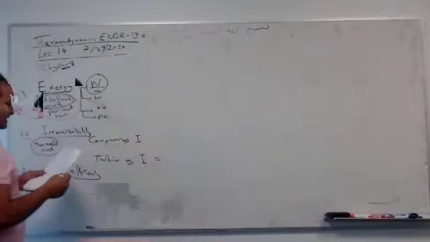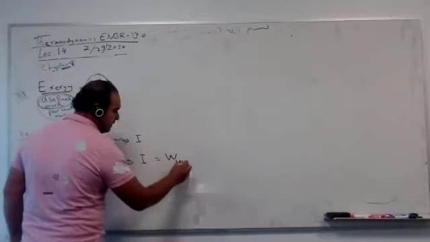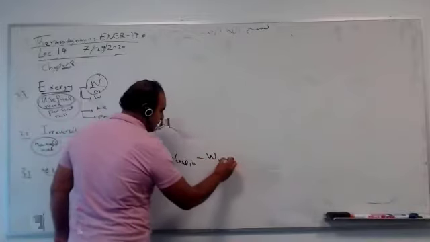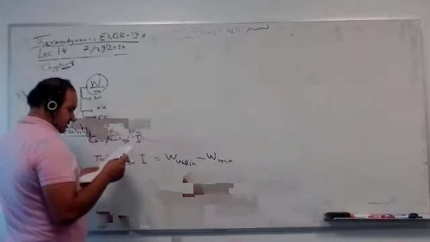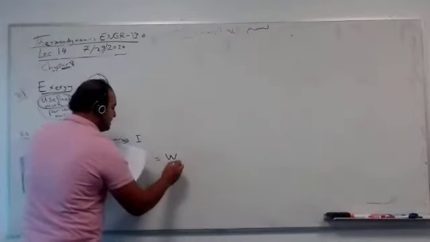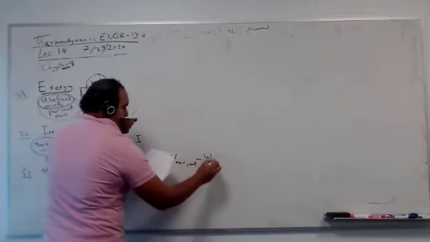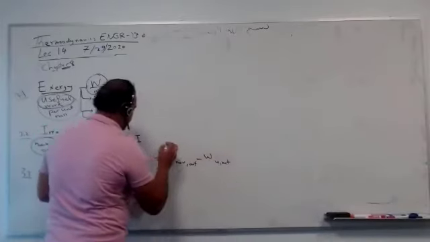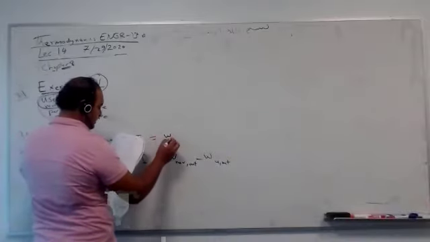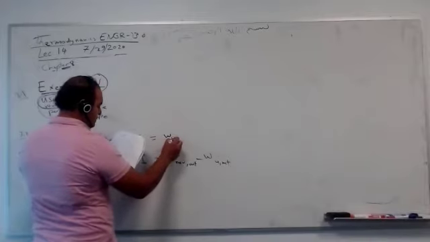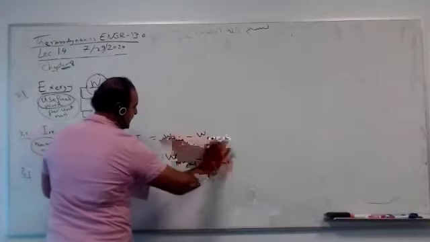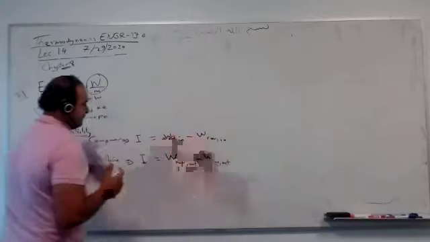For the turbine, it is W reversible out minus W useful out, which is actually the opposite. So W useful in minus W reversible in also.